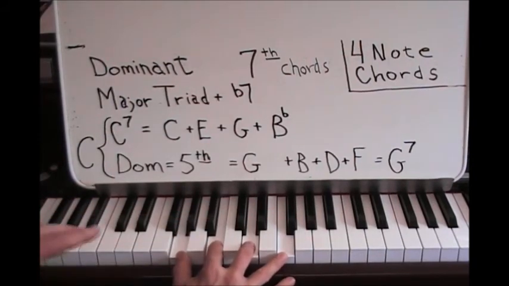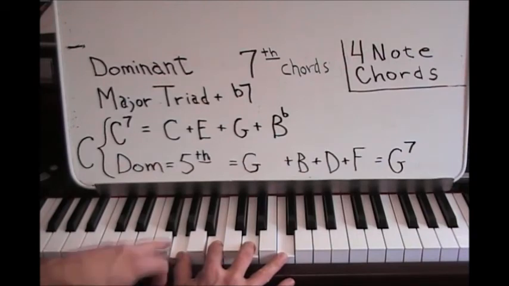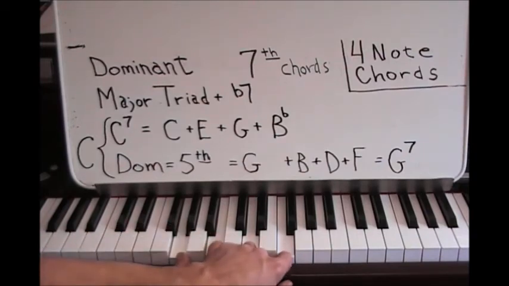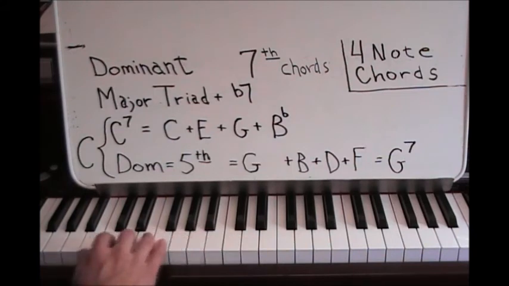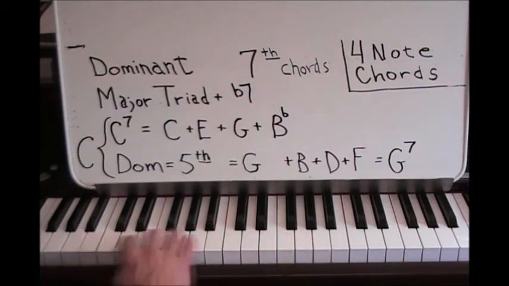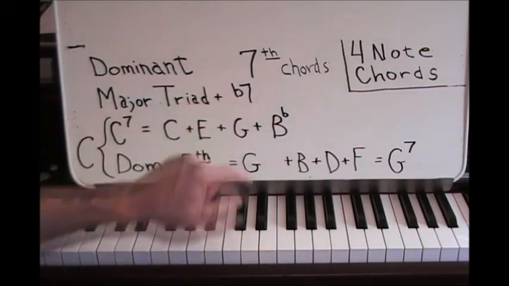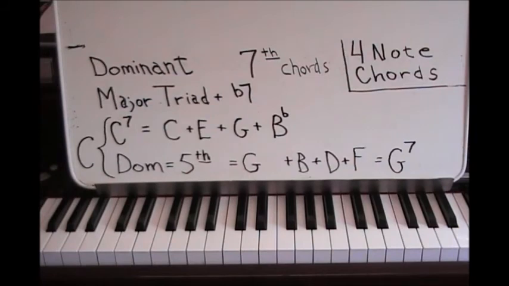And so that seventh chord built on the dominant tone, when you start moving it around and playing it in other configurations, ends up being a flatted seventh from the perspective of the tonic.